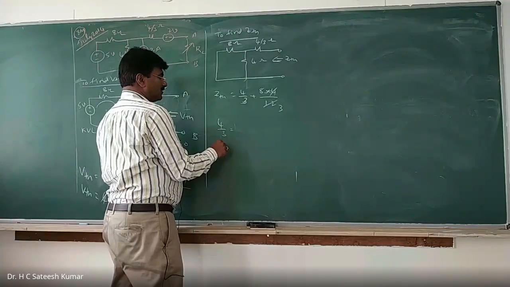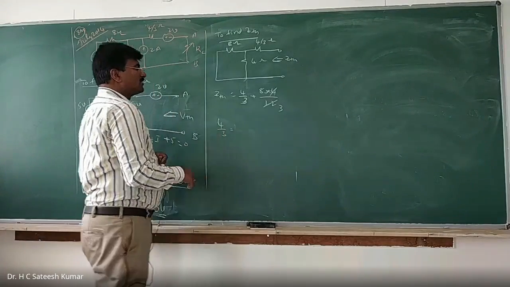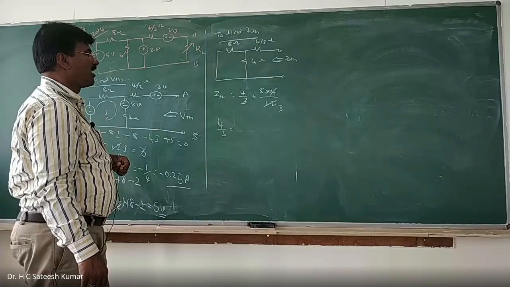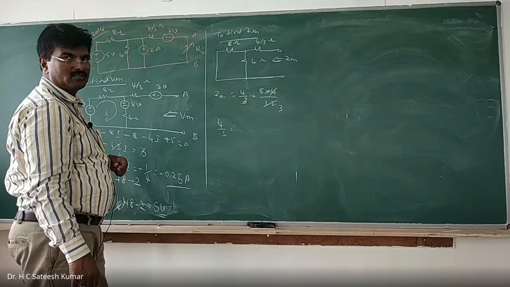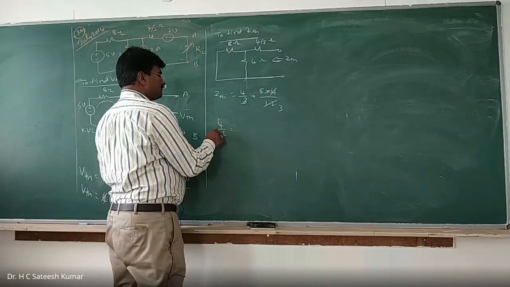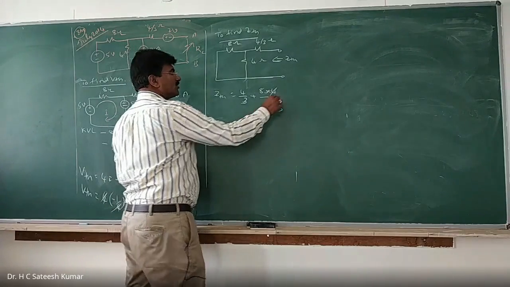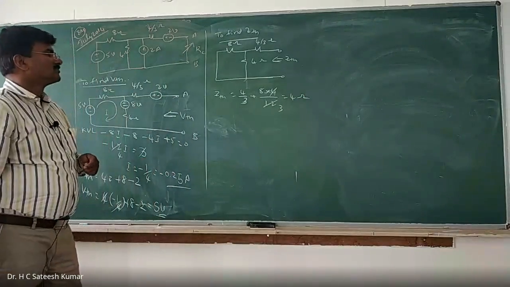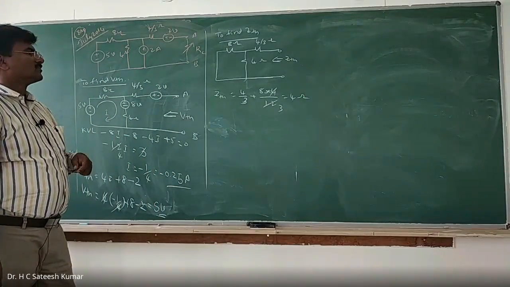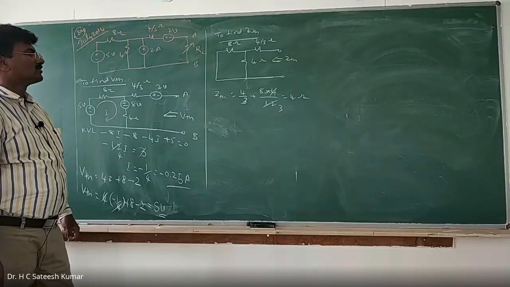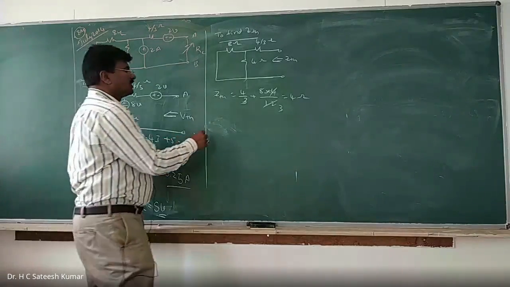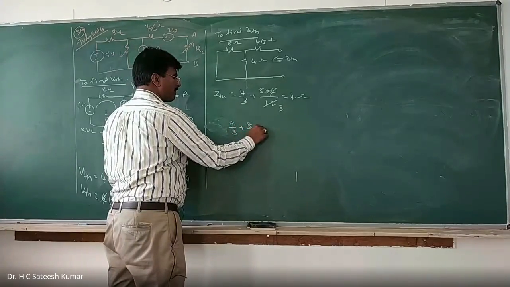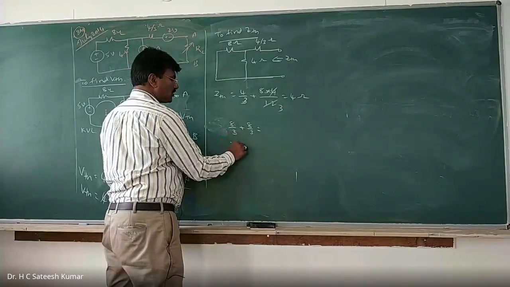8 by 3. 4 by 3 is 12 by 3. Okay, right. Answer 4, correct. Sorry, this is 4 ohms. 4 by 3 is equal to 8 by 3 plus 8 by 3. Am I right? That's what I wrote, 2 8 by 3s.